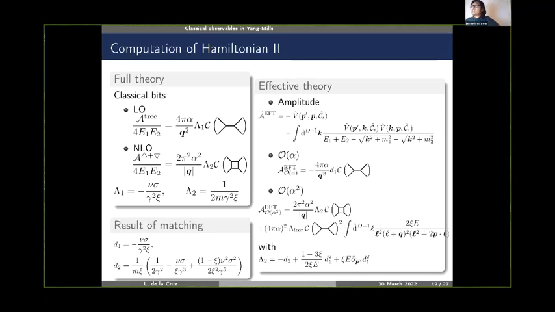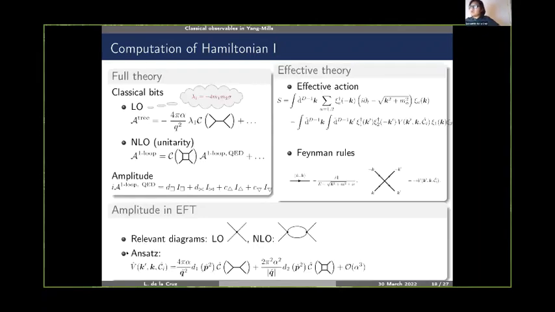And I match the expression of the amplitudes at each order in perturbation theory. The result is that when I do this matching computation, I obtain the coefficients D1 and D2, which appear in my ansatz.